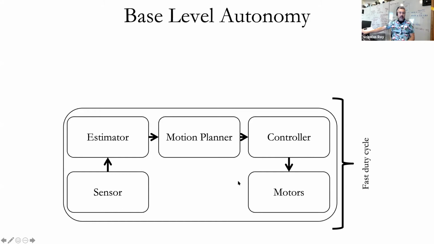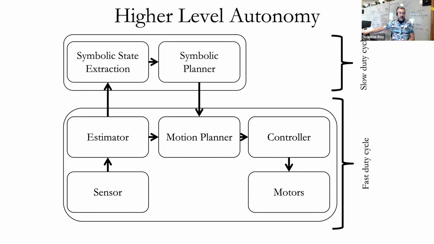How do we actually execute more complicated tasks? Inevitably, and almost every single fielded robot today works something like this, the state estimate is used to extract some kind of symbolic state estimate, such as position, such as being on a particular route for a self-driving car, or maybe being in a room for a service robot. And then that state is given to a symbolic planner that decides on some high-level task and maybe some high-level sub-goal. And that high-level sub-goal is then fed down to the motion planner.